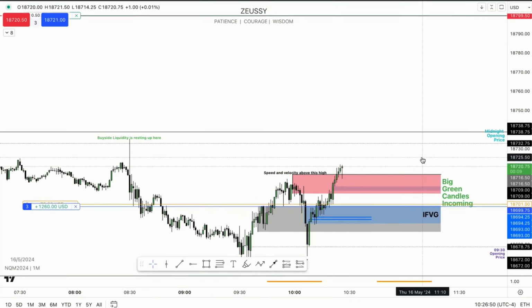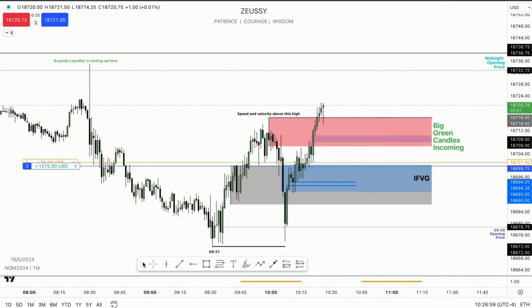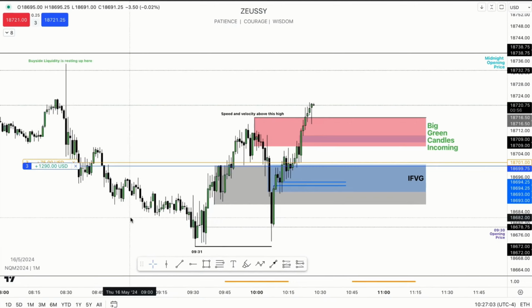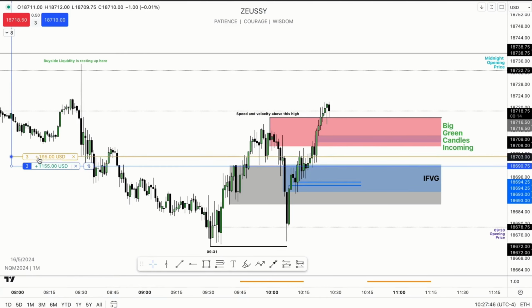I'm annotating the high of the previous 30-minute cycle, its respective candle, and that's that red box, that down-close candle. Notice that the BC that I wanted to pyramid off formed inside that down-close candle. At this point, my stop is already in profit, and it's simply a waiting game to see whether or not the market is going to deliver to the target or not.